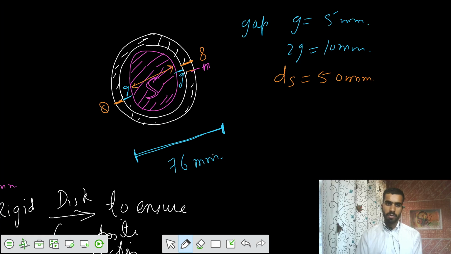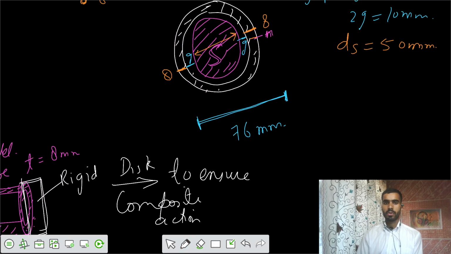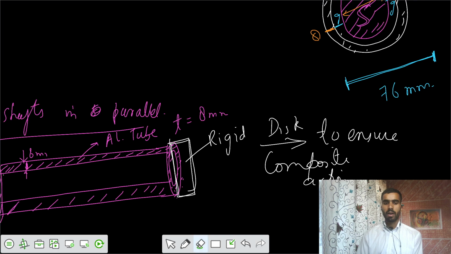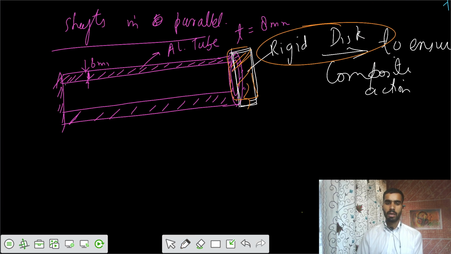If I write 8 plus 5 plus 50 plus 5 plus 8, that is 76 millimeter. So the configuration looks like this. And to ensure that composite action, we have attached it with a rigid disk. We call it a rigid disk here, to ensure that compatibility.